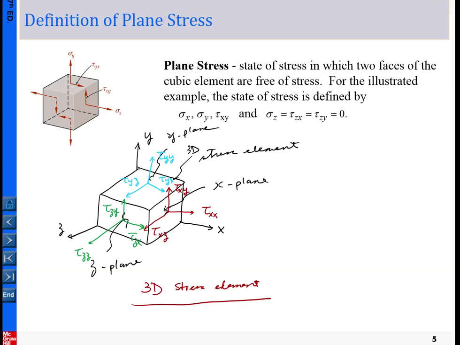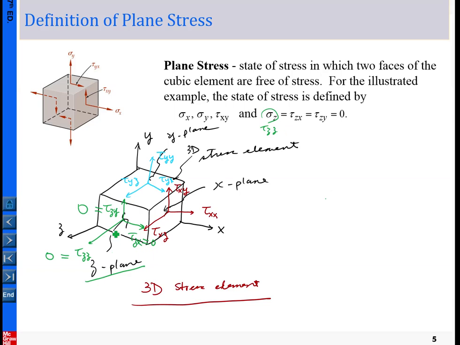And now let me deal with a special case. A special case is such that in certain situations or in certain applications, you would find that the green ones are 0, basically all the elements in the z-plane become 0. Okay, so this one basically is tau z.